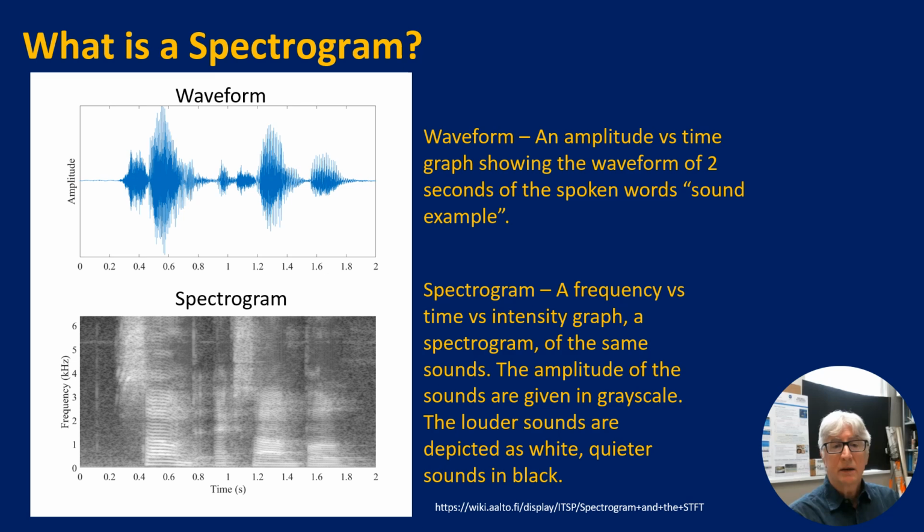First, what is a spectrogram? Well, before that, we define a waveform, which is an amplitude versus time graph of data, most often with sound information. The top graph shows the waveform of 2 seconds of the spoken words sound example.